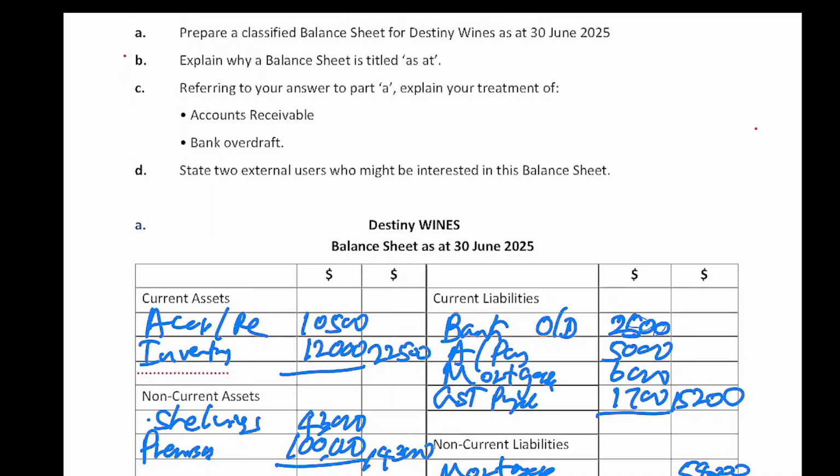Again, write within brackets borrowing money, close brackets, that would be settled within the next 12 months.